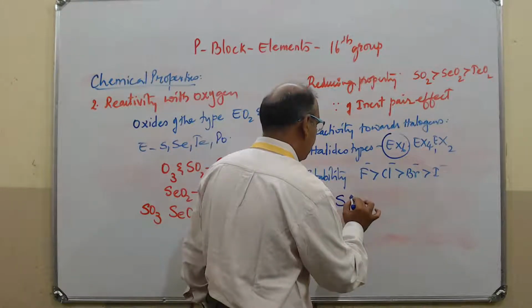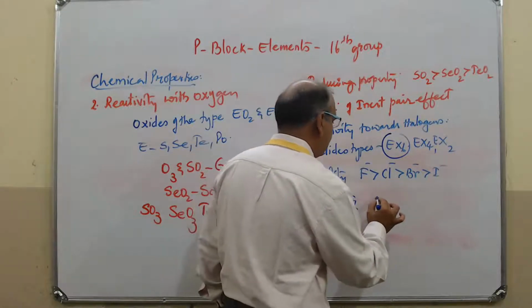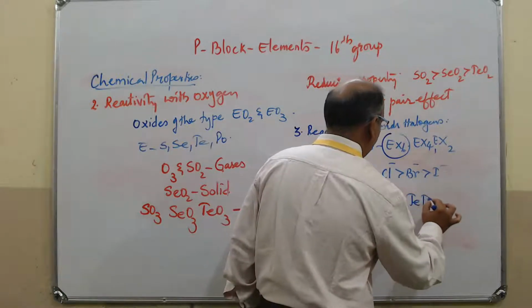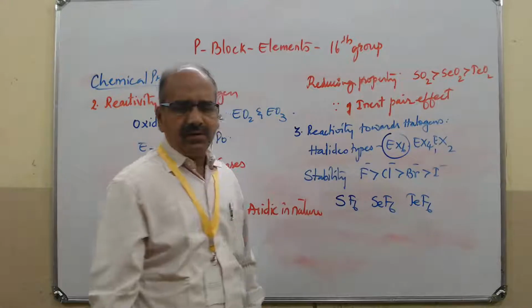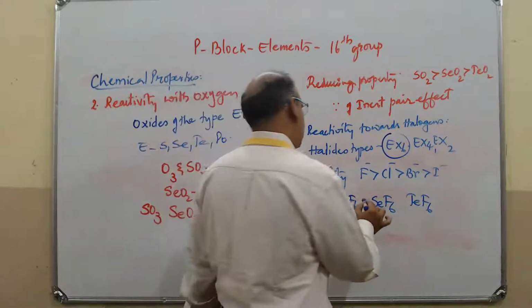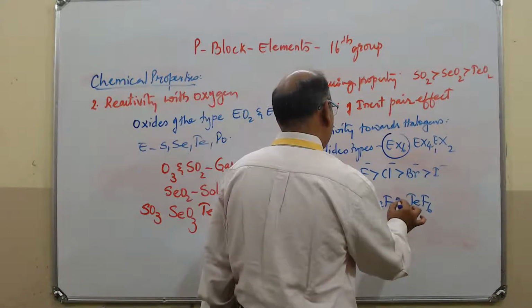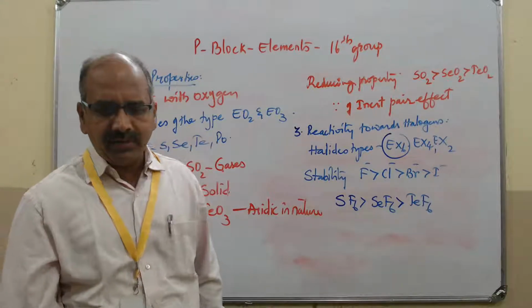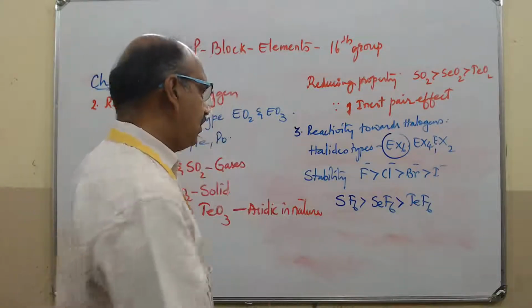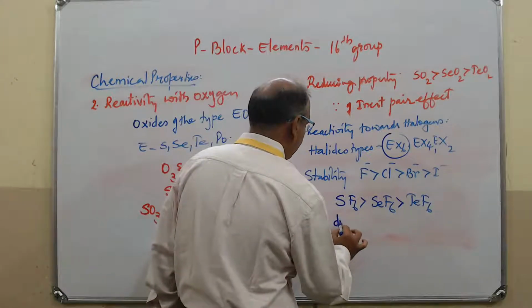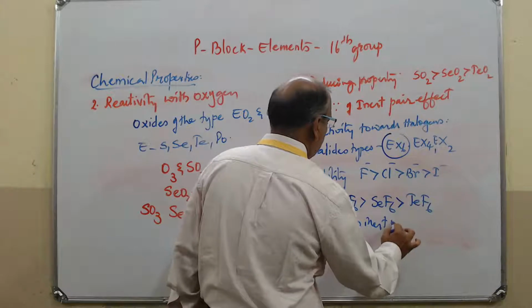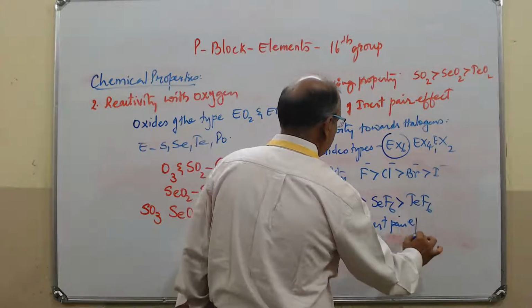Sulfur hexafluoride, selenium hexafluoride, then tellurium hexafluoride. Sulfur hexafluoride is more stable than selenium hexafluoride, than tellurium hexafluoride. This also is due to the inert pair effect.